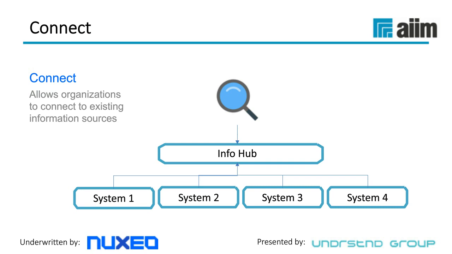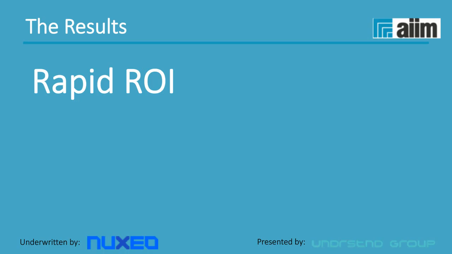So what are you getting as a result of doing this, though? Well, aside from the user satisfaction of finally being able to find the information that they want quickly, you're actually getting exactly what you set out to do. You're getting a rapid return on investment.